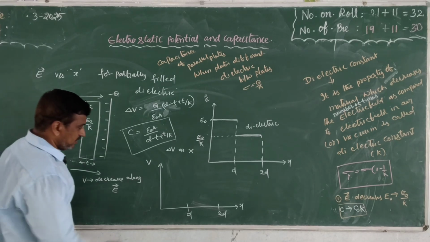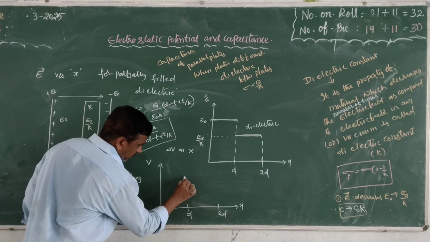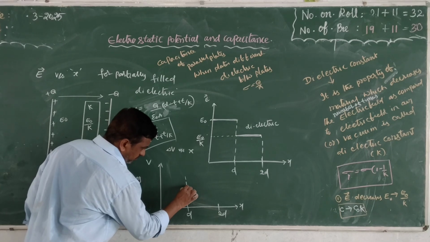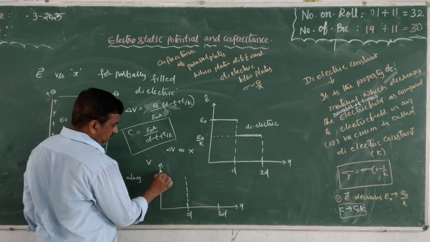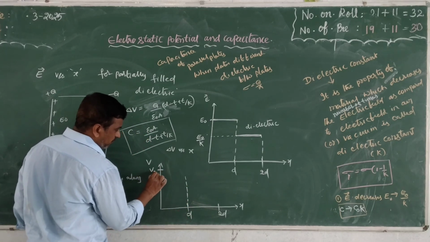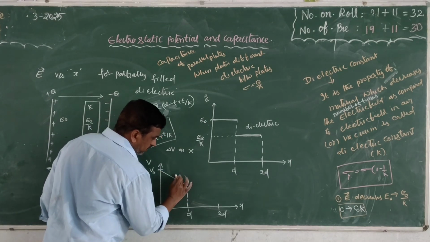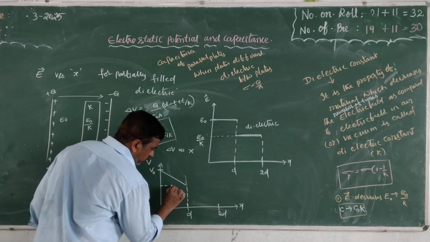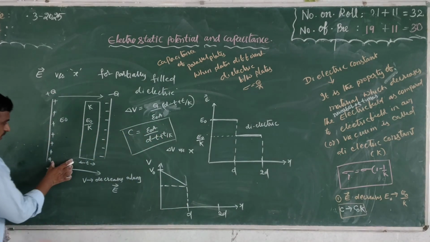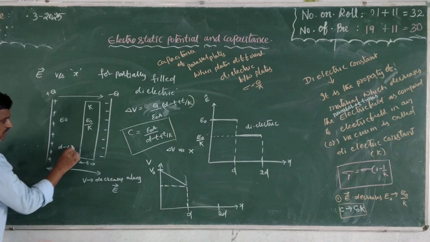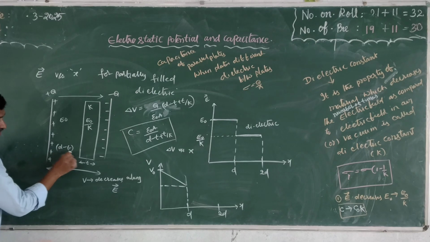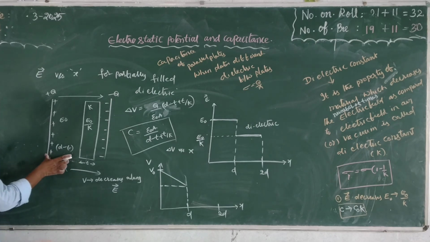Up to distance D, the maximum is V naught. From here it decreases, up to distance D minus T, where T is the thickness of the dielectric.